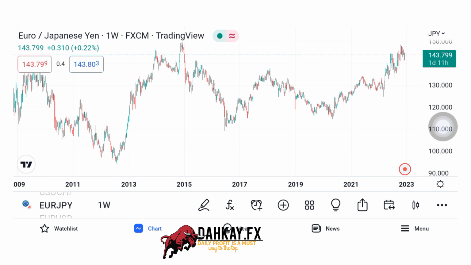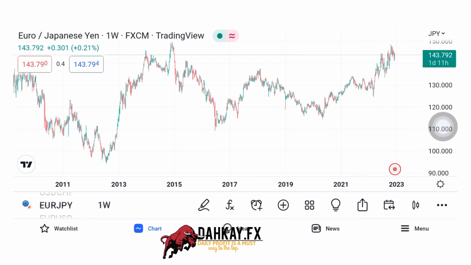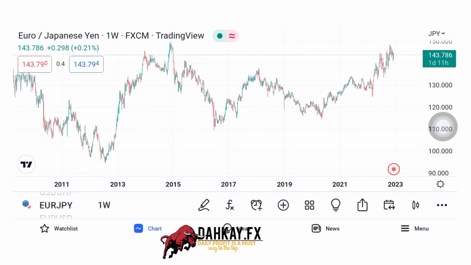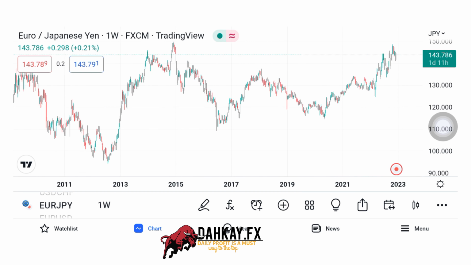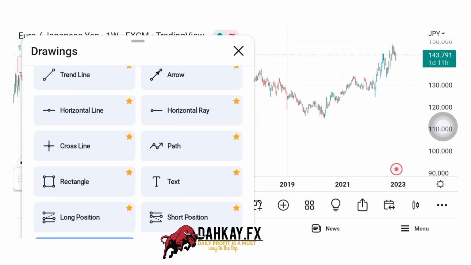Firstly, you have to identify the key resistance and the key supports, so that you'll be able to see where the market is likely to return, where the market was weak and where the market was strong. So right now I can see a very strong support here.